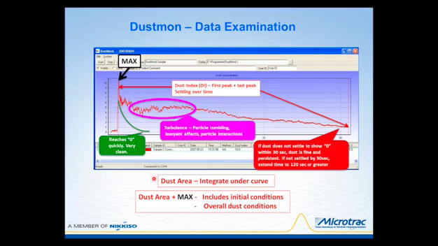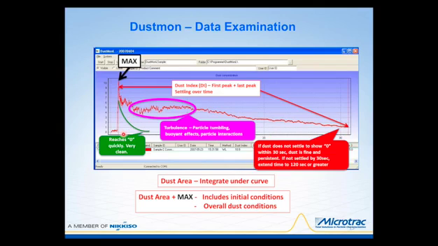A couple of the values is the dust area. And for this, we integrate underneath this curve to get an indication of the total amount of dust for comparative purposes. Another value is the dust area plus the max. Now, the max value is located right here. The dust area measurement begins approximately here, and it's an integration underneath this entire curve.